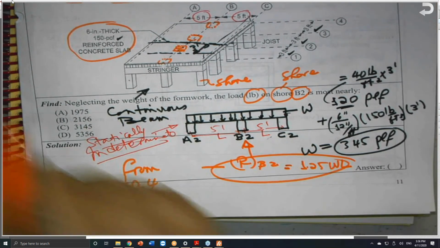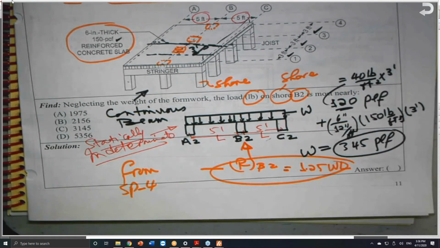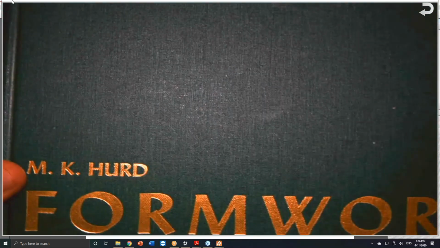SB4, as you know, is one of the publications. Let me see if I have it here. SB4 is this; the other one is at home, a formwork for concrete.